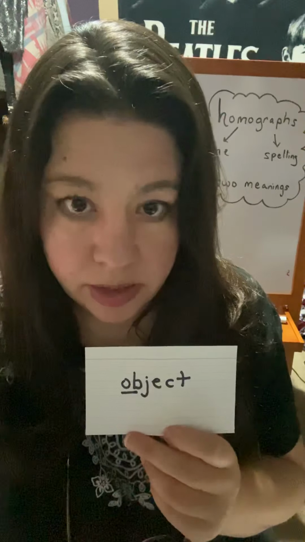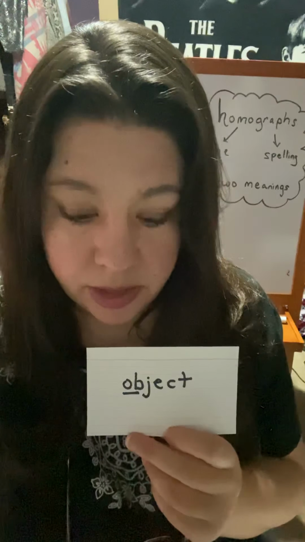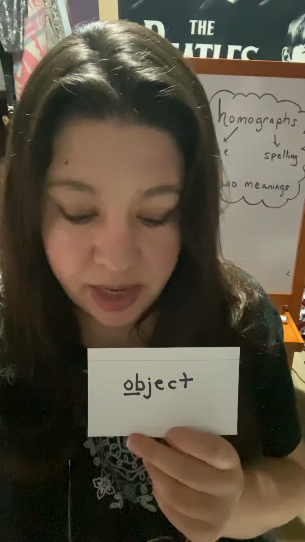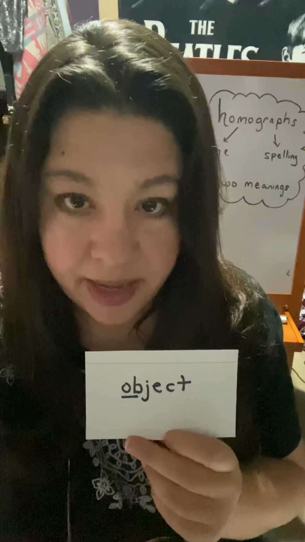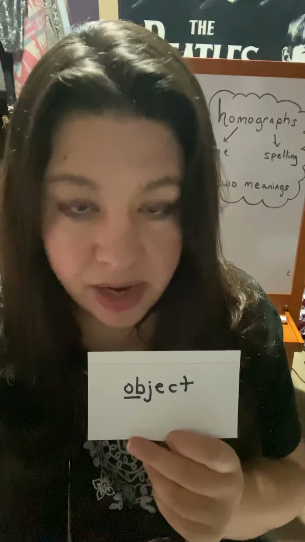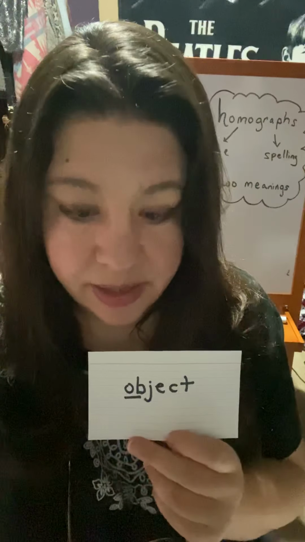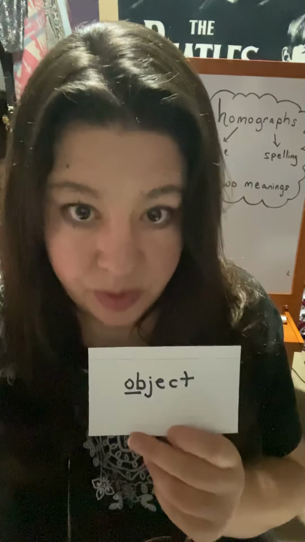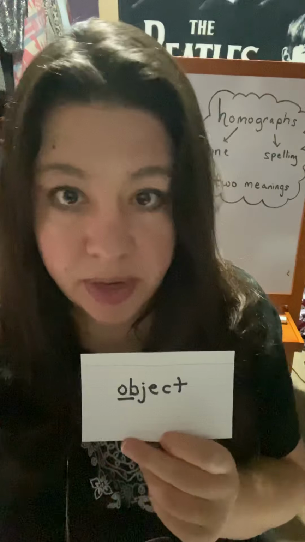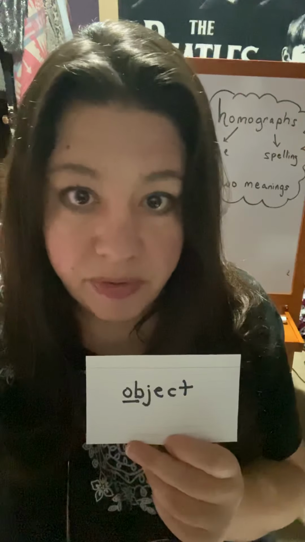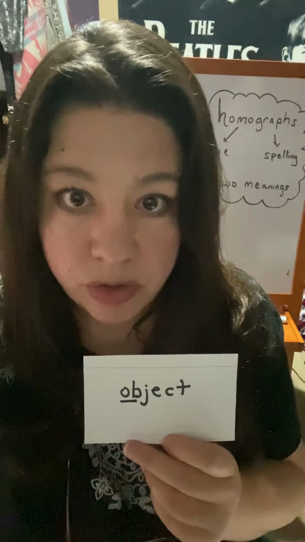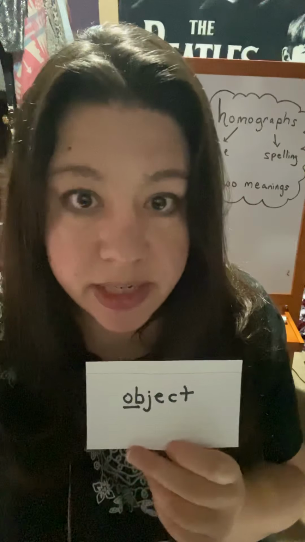If you chose A, something that can be touched, you're correct. To object is to oppose something in a court. If you don't like something that a lawyer says, you object. I object. That's not correct.